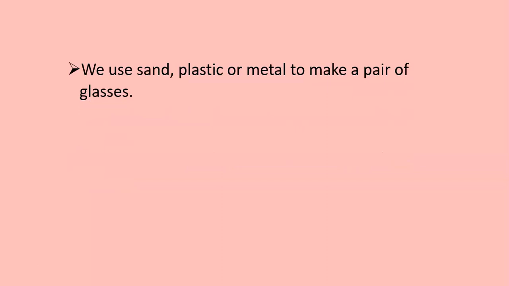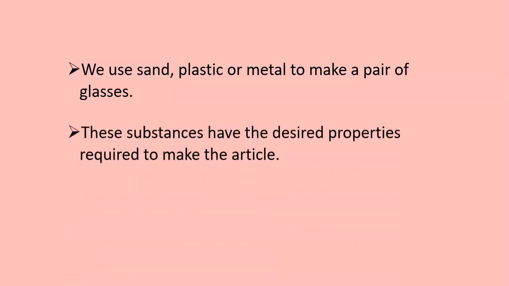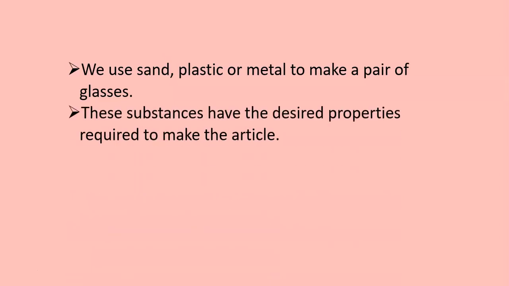We use sand, plastic or metal to make a pair of glasses. These substances have the desired properties required to make the article. And what are the properties? If we take glass, we need transparency. I cannot use paper to make glass.